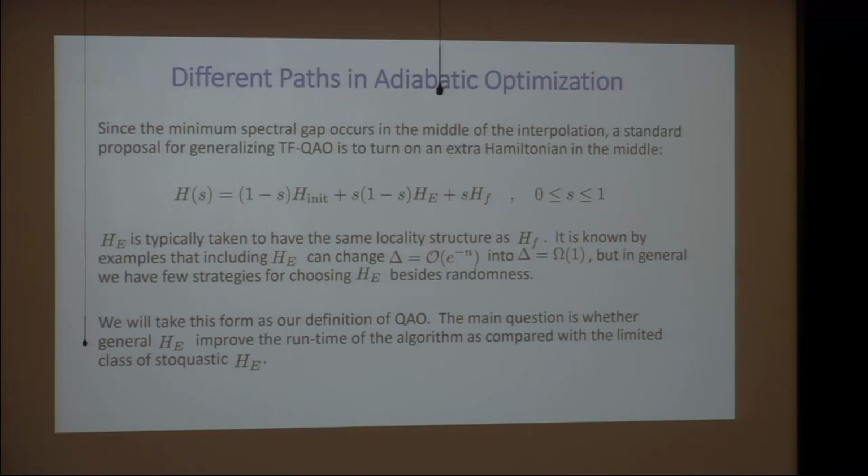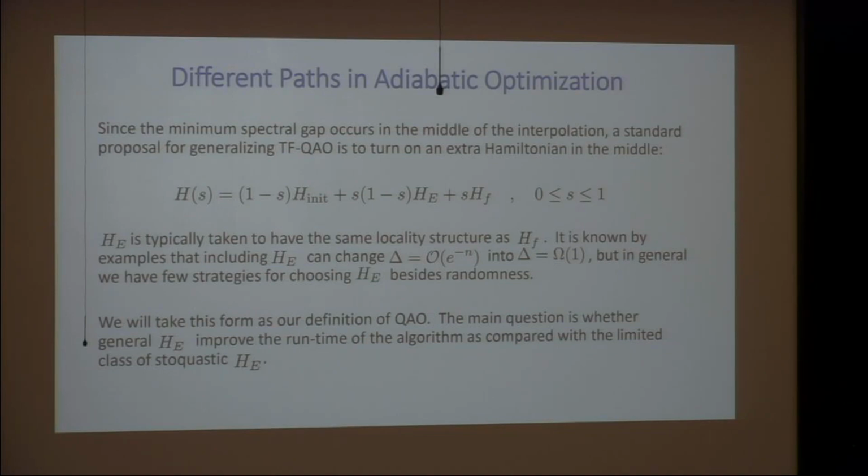This extra Hamiltonian is typically taken to have the same locality structure as the final Hamiltonian, or the cost function itself. It is known that, at least in some examples, including an H_extra can make a huge difference. It can change the problem from having an exponentially small gap to having a large gap that's independent of system size. But in general, we have relatively few strategies for guiding our choice of this H_extra. The most commonly analyzed proposal is just choosing it randomly, as a random local Hamiltonian. So we'll take this form as our definition of QAO.